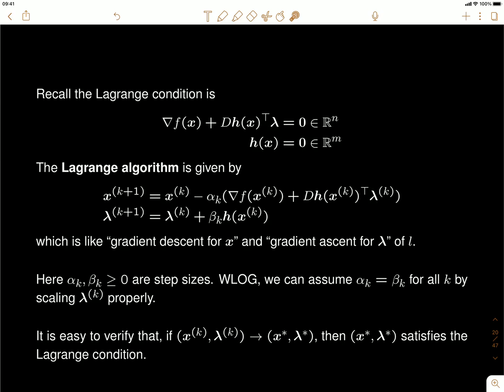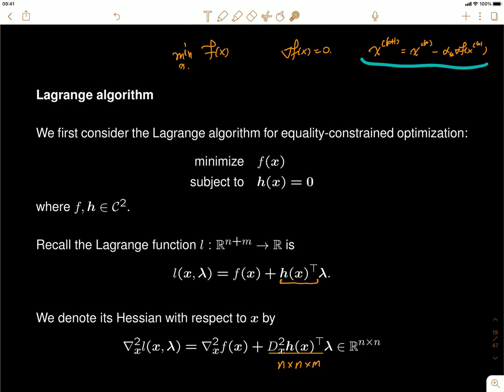Since we don't know what x is, we do this iteratively. We have xk, the current estimate, we put xk here, then we do gradient descent from xk and get xk plus 1. Then we do this iteratively.